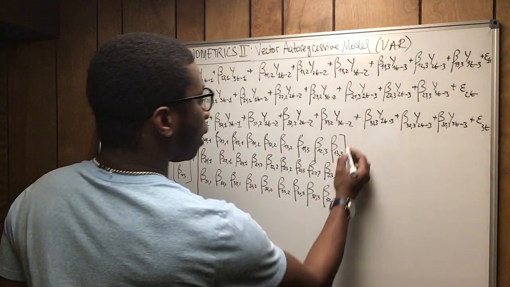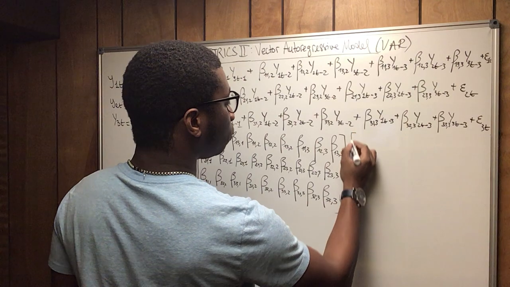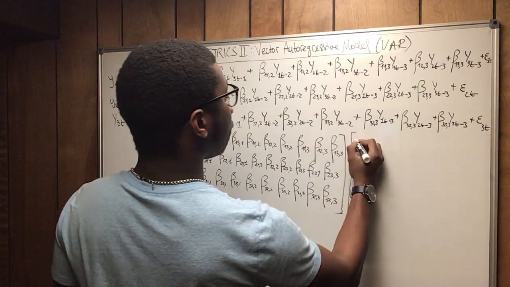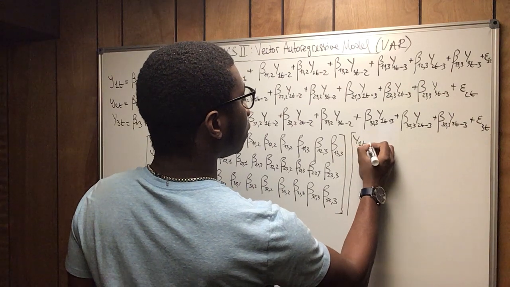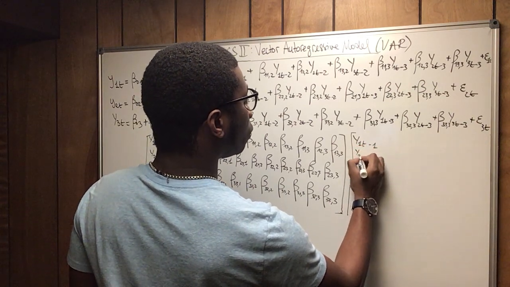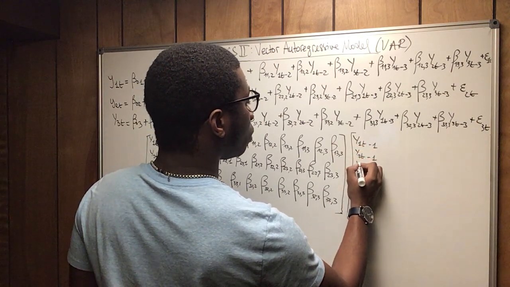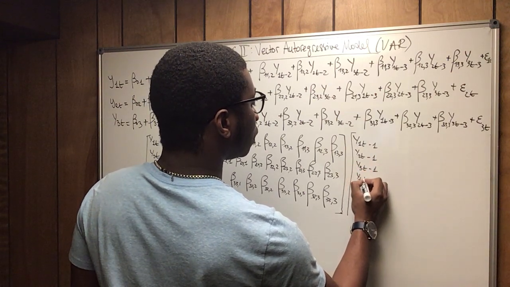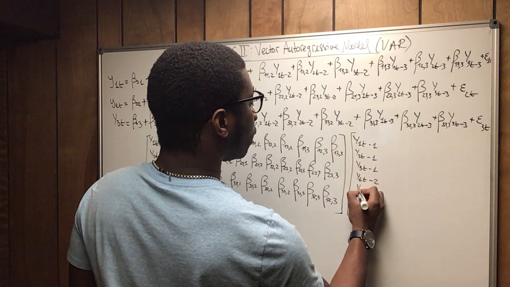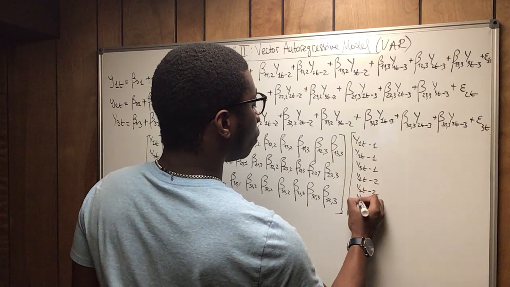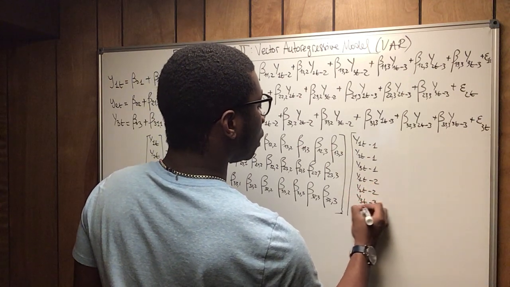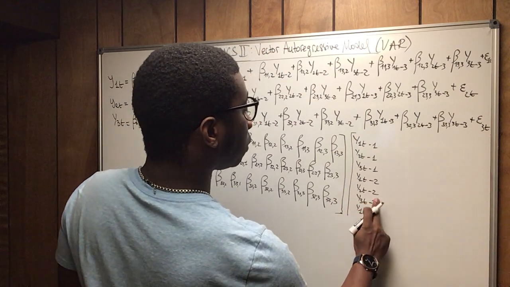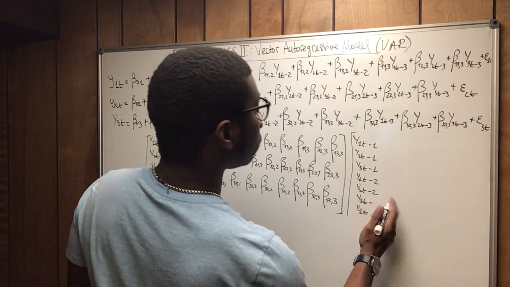And then we have to put all the predictors together. So we have y1t minus 1, y2t minus 1, y3t minus 1, y1t minus 2, y2t minus 2, y3t minus 2.